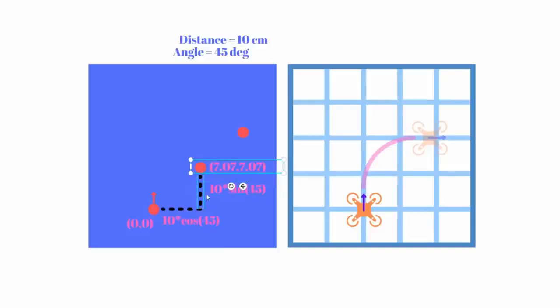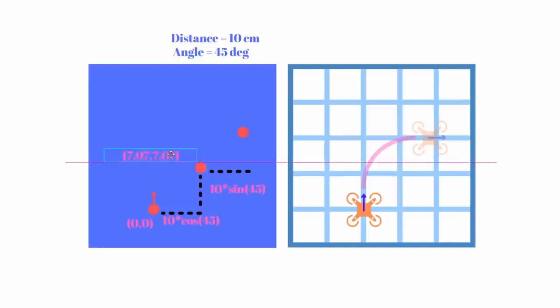And then again, if we are moving with the same speed or distance and at the same angle, it will have the same effect. So we will have 10 sine 45 and 10 cos 45 again. This calculation we will do every single time after every block of unit that we have traveled. So it will be like this.